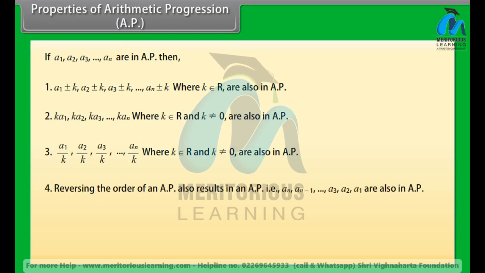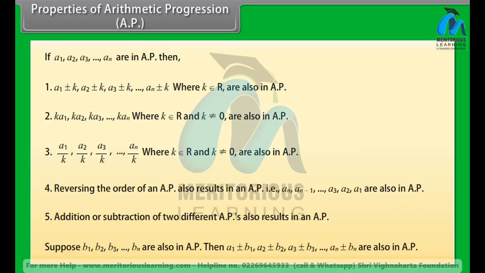Reversing the order of an AP also results in an AP, that is, AN minus 1 up to A3, A2, A1 are also in AP. Addition or subtraction of two different APs also results in an AP.